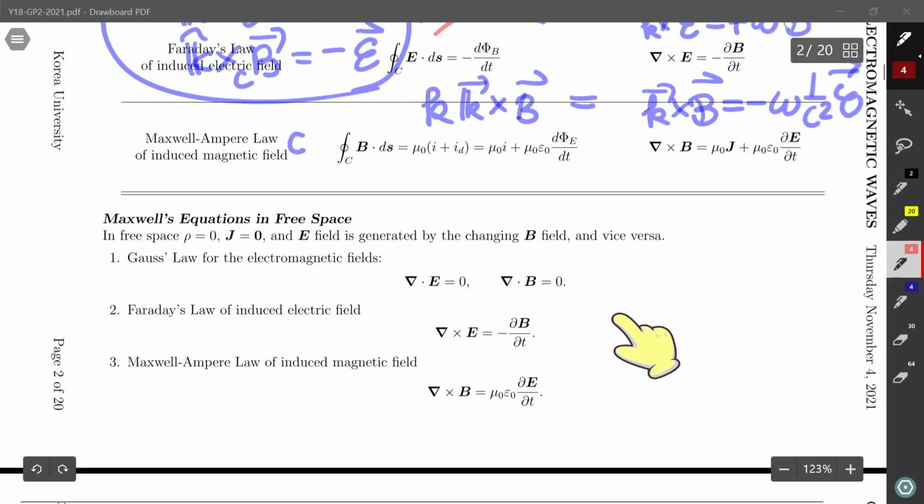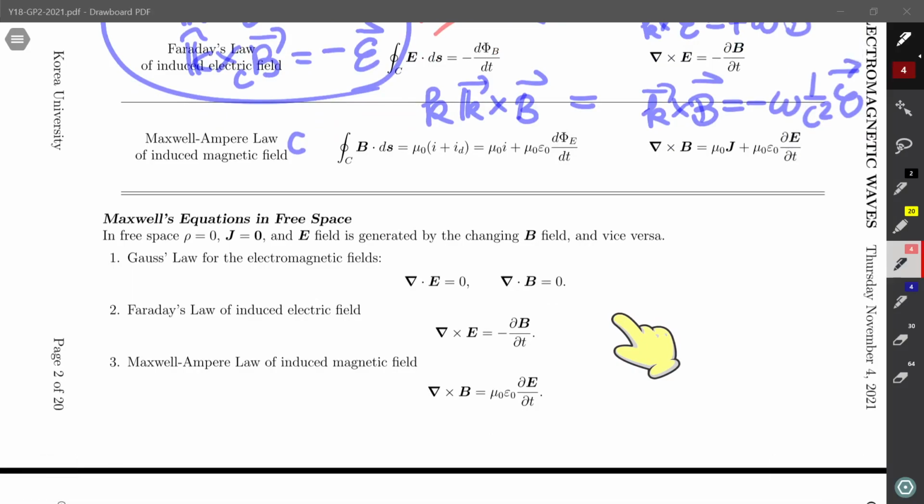So, from Maxwell's equations in free space, we have obtained a very, very important result.